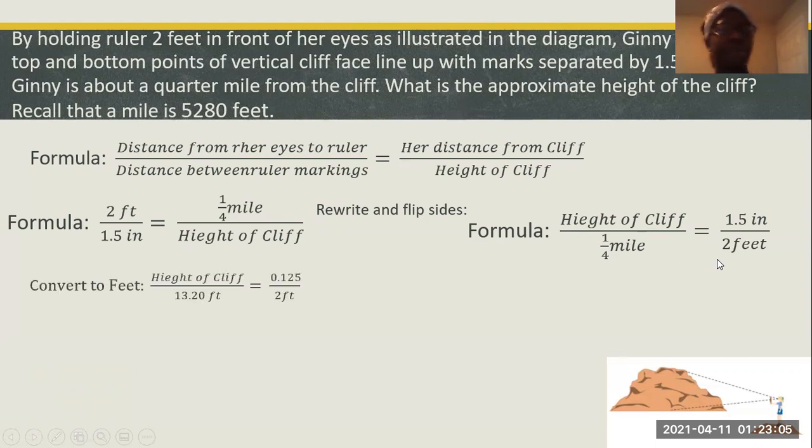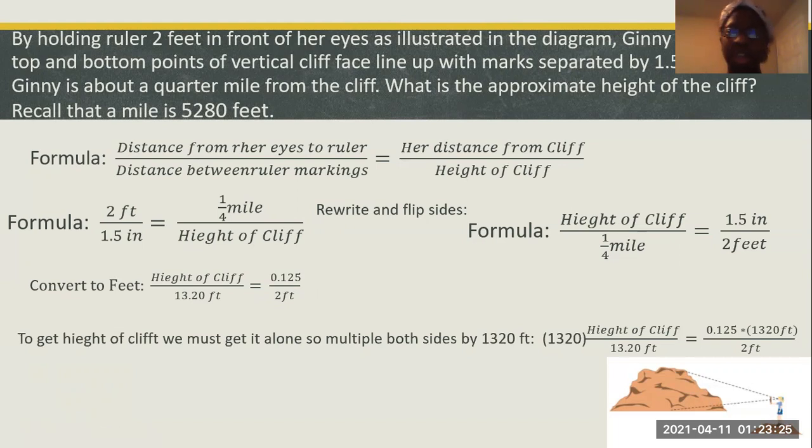Sorry if I'm going a little too fast. Now we'll convert everything to feet, so we'll all have one equal measurement. So again, we'll have the height of cliff, which we're looking for, over 1,320 feet equals 0.125 feet over 2 feet.